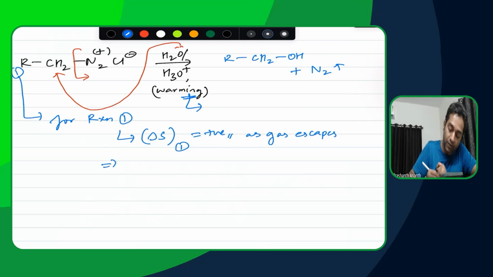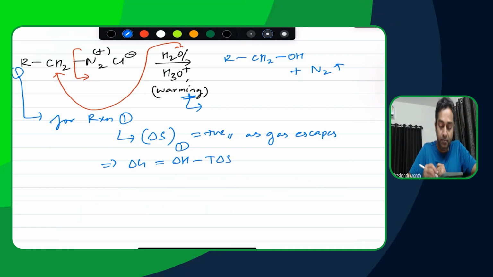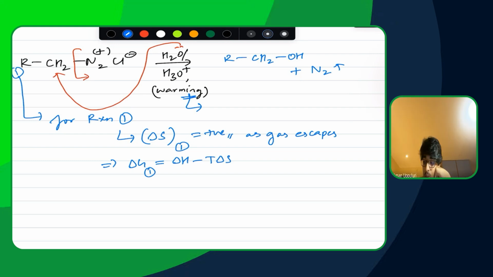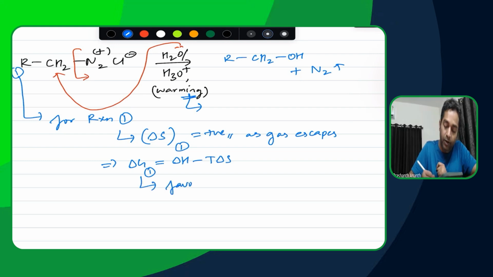This means we will have delta G, which is delta H minus T delta S. Let's say delta G of reaction 1 if I'm considering. It's favored, which means it becomes more negative at higher temperature.